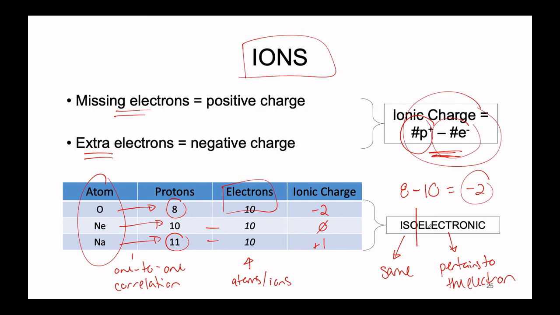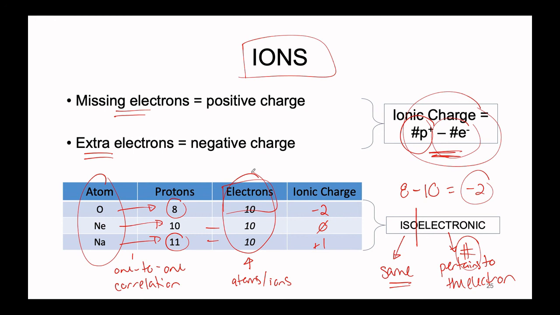So the isoelectronic term that we can see here means that we are looking at something or a number of things that have the same number of electrons. Same, right, pertains to the electron, same number of electrons. All right, so we can break down this word to understand what it means. And we can also then connect it to the example that we have looked at here. Each of these atoms and or ions has the exact same number of electrons.